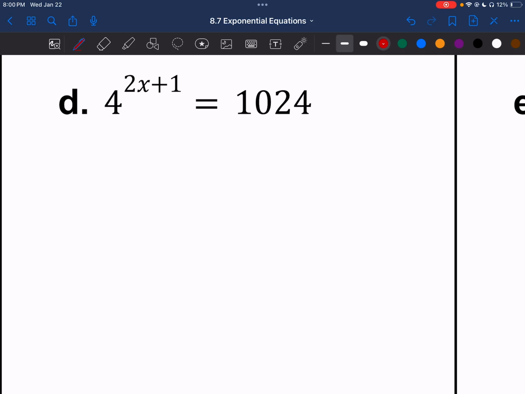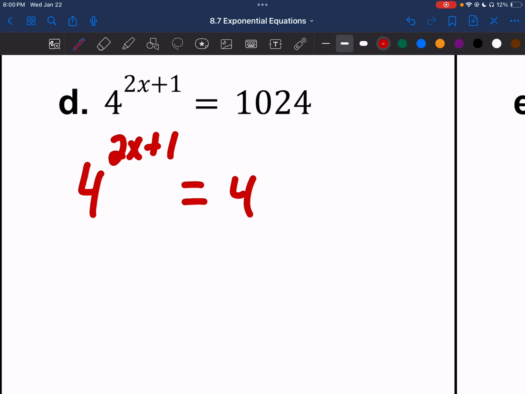All right, so now we're going to go ahead and get started with letter D. We have 4 to the 2x plus 1 equals 1024. Well, let's see. I know this has to be a multiple of 4.